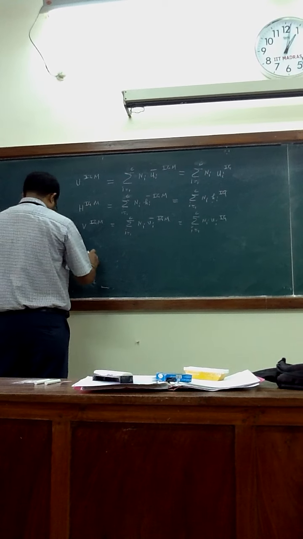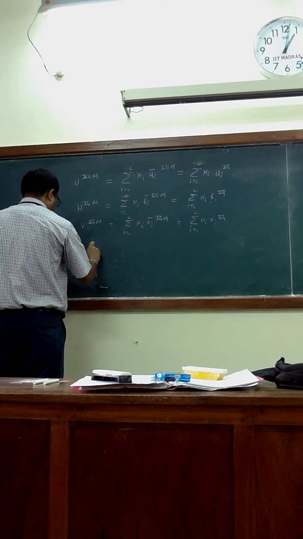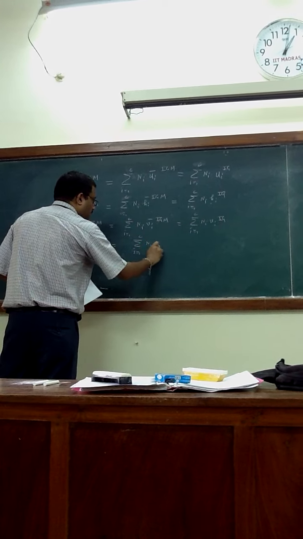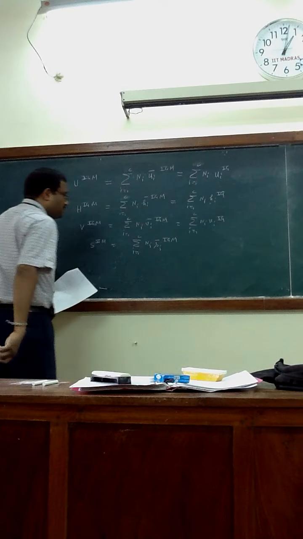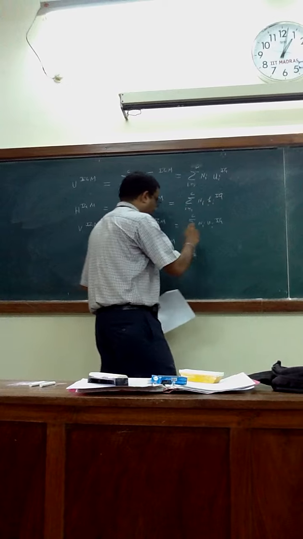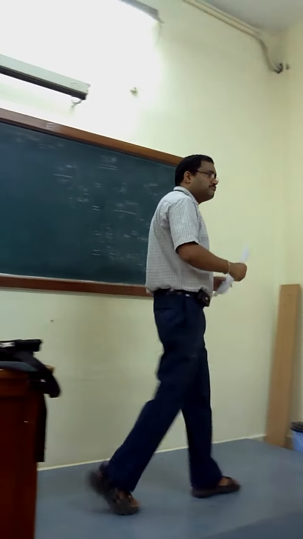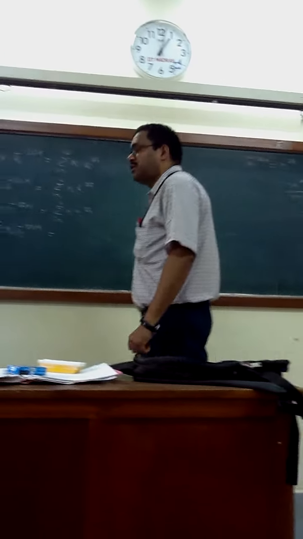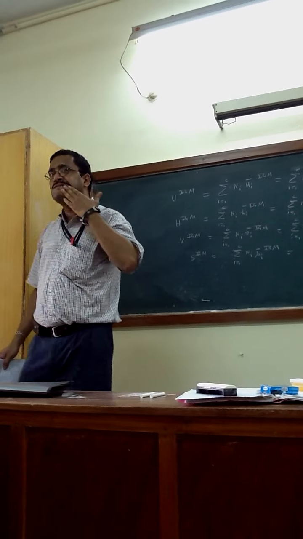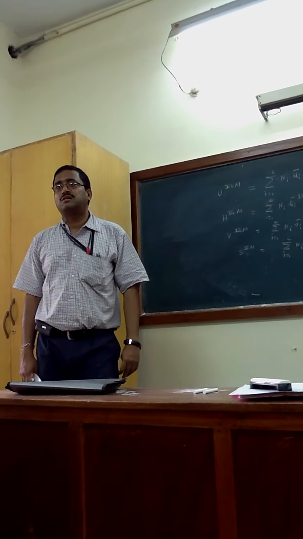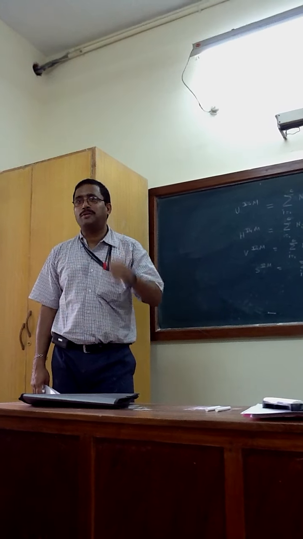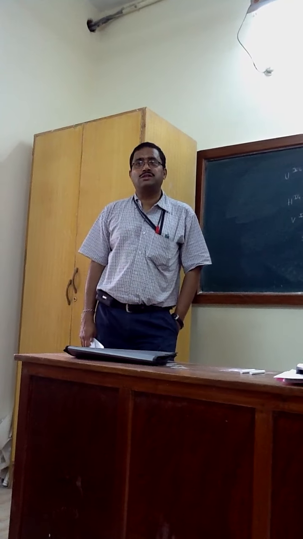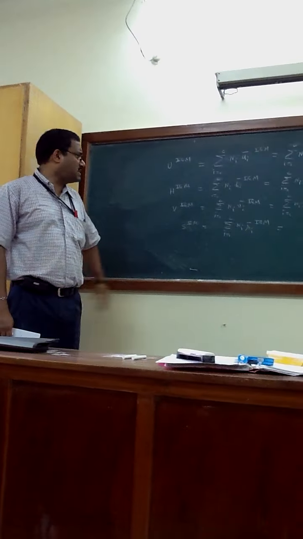S igm is summation i equals 1 to C of n_i S_i bar igm. Any comments? You know the answer. S_i bar ig is what?